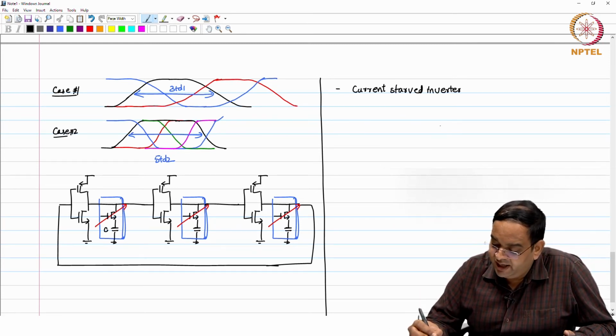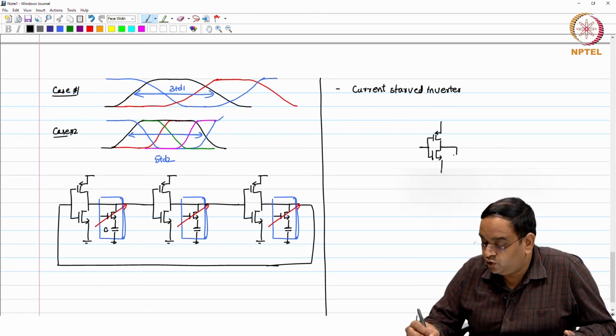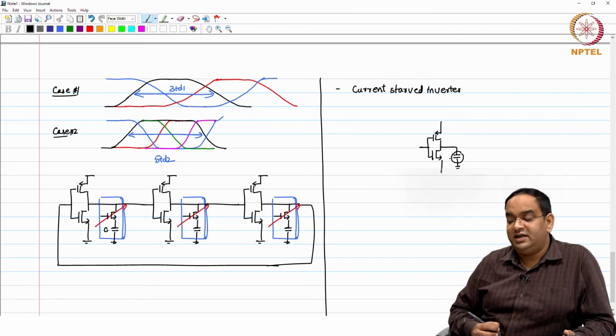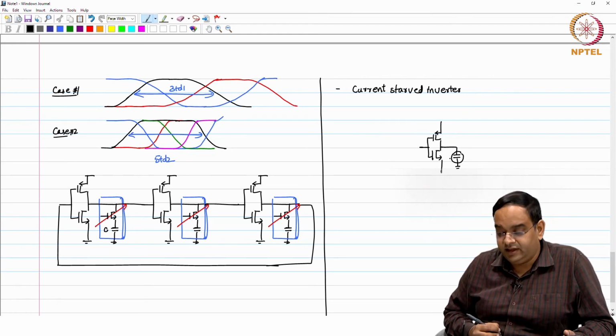So, this particular inverter may have its own load, it can have extra load. This load capacitor has to be charged and discharged during every clock cycle.